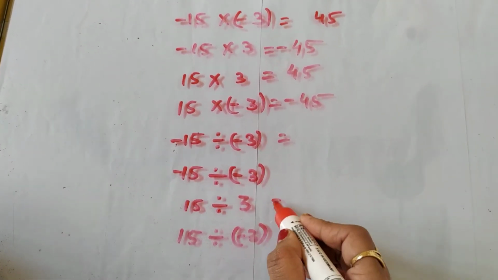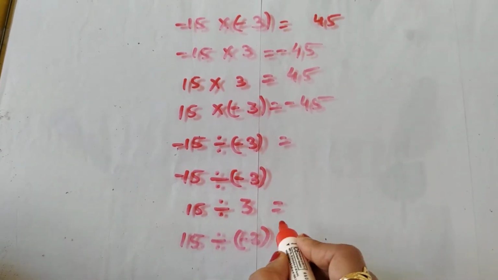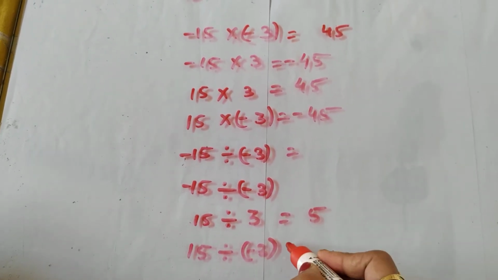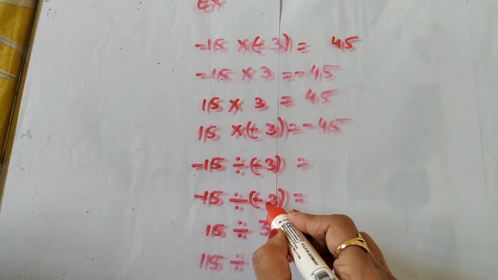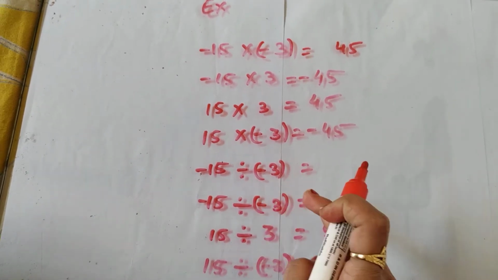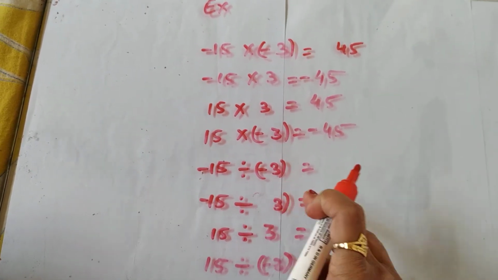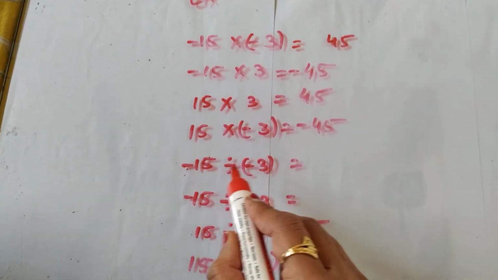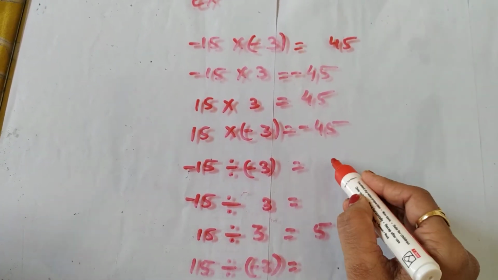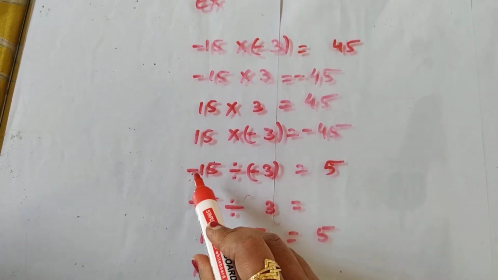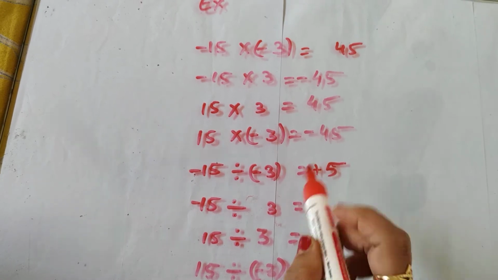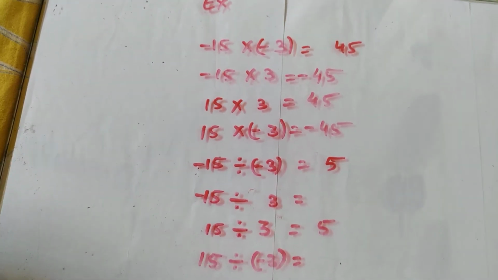15 divided by 3. First we do it. We know 5. Plus plus, always plus. Now minus 15 divided by minus 3. We first divide the numbers. 15 divided by 3, we know that is 5. Minus sign divided by minus sign, the same sign divides, so we get plus, but we never put the plus sign.